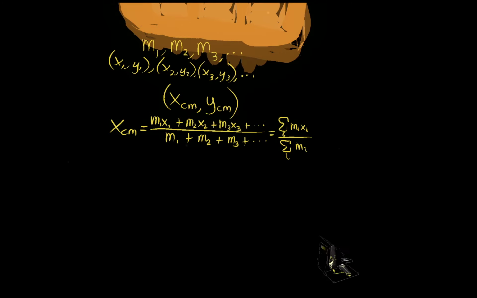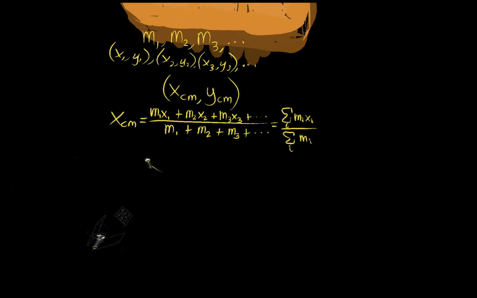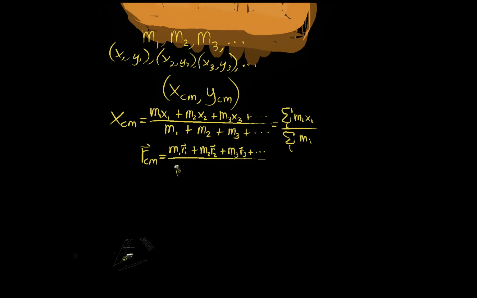In terms of the position vector, r_cm, right? So r is just a total position vector made up of components of x and y. So r_cm is equal to m1 r1 plus m2 r2 plus m3 r3 and so on, divided by the total mass again, m1 plus m2 plus m3 plus dot, dot, dot.